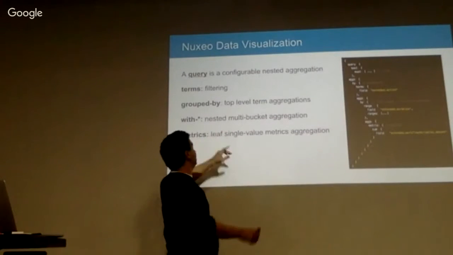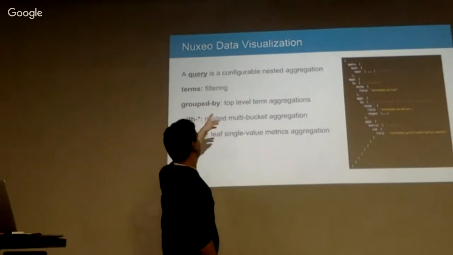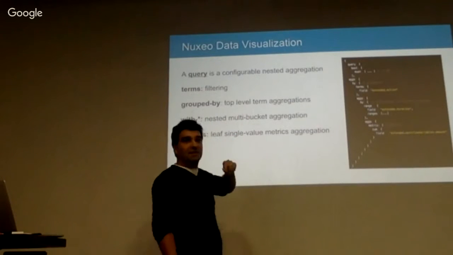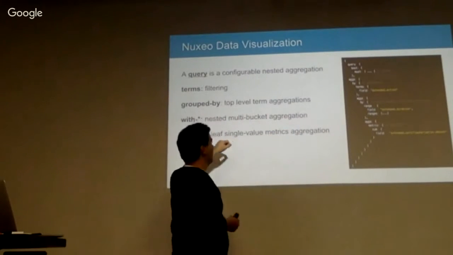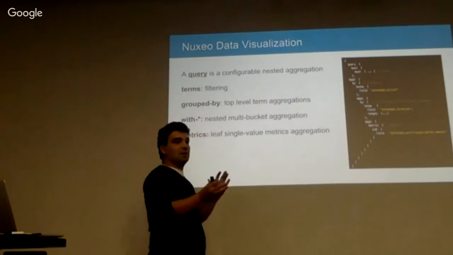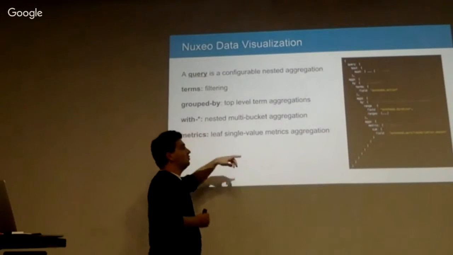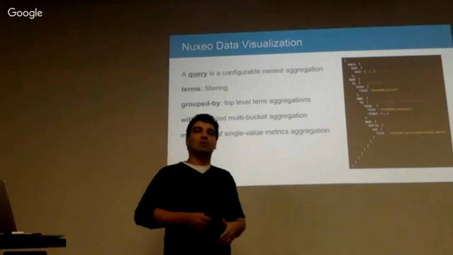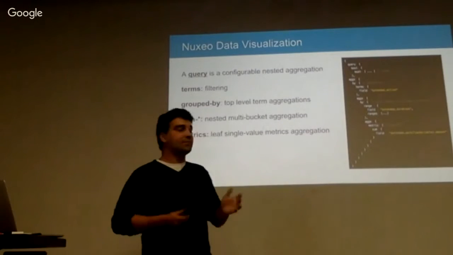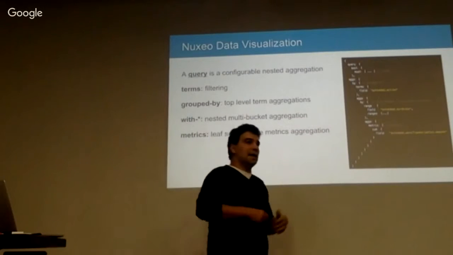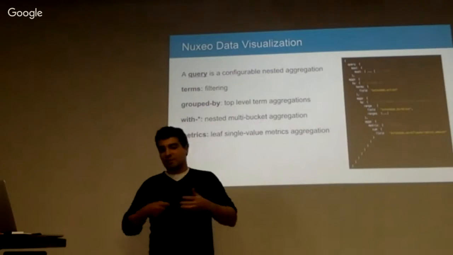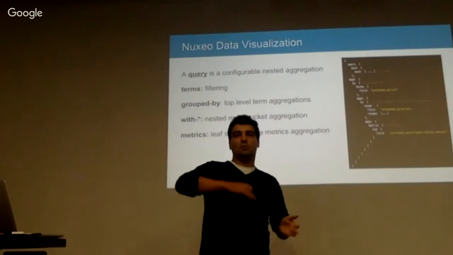So we call the first one filter by just terms. Then you can group this data by something. This is just the generic terms aggregation in Elasticsearch. And then, these are all optional, you might want to do some data histogram. You might want to aggregate per day, per week, per month, something like that. Or you might want to aggregate by range. Aggregate all the expenses that are less than 1,500 and more than 1,500.